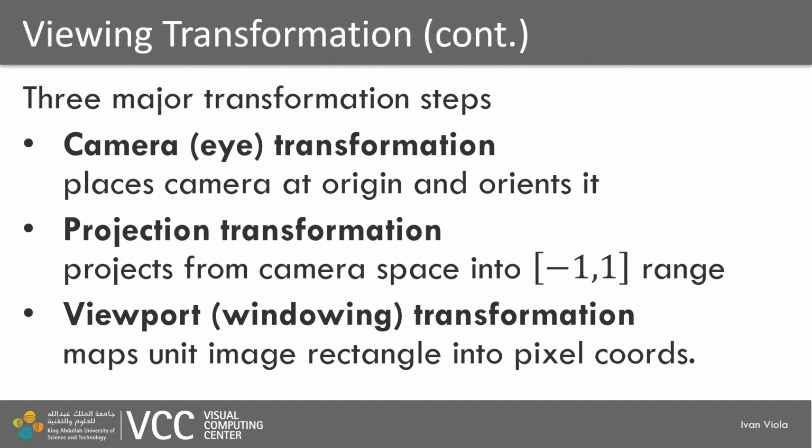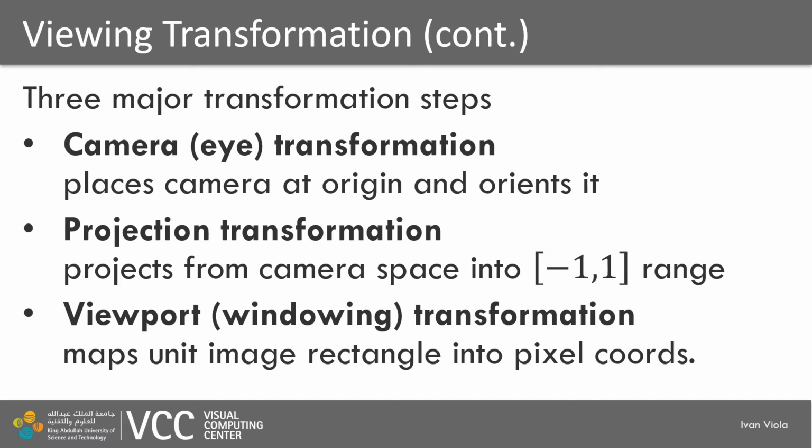So we will be going from the world coordinate system to a camera coordinate system, which effectively places the camera at the origin, oriented so that it is looking into the negative z direction.